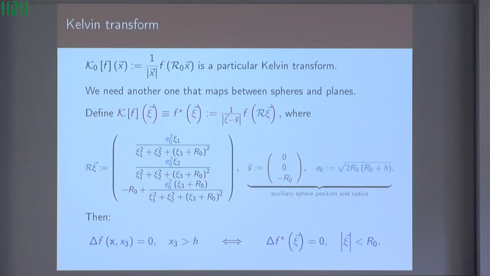They are carefully chosen in such a way that the functions harmonic in the upper half space, well above h, would be mapped into something harmonic inside the ball of radius r0. That essentially dictates the choice of the position and the radius of the auxiliary sphere with respect to which it is a reflection.